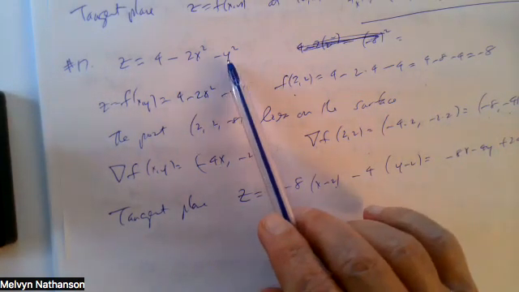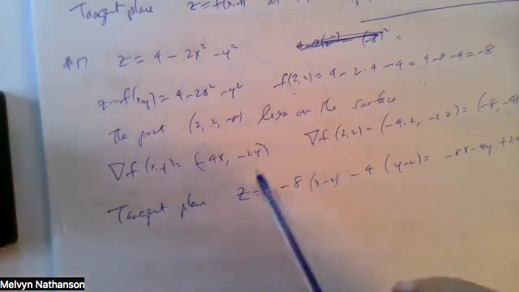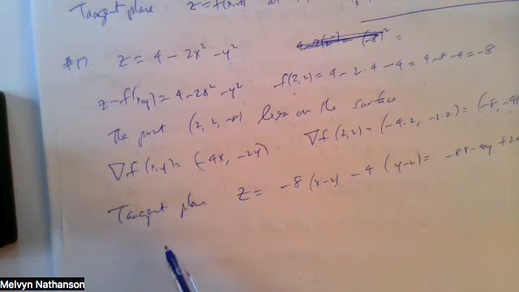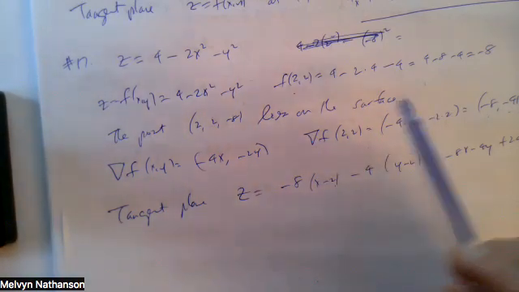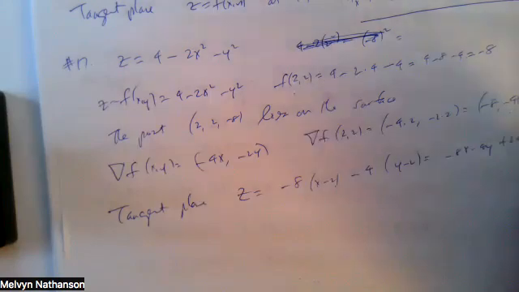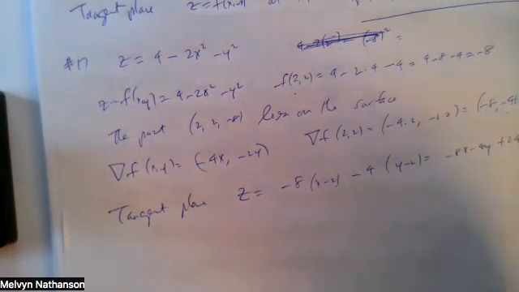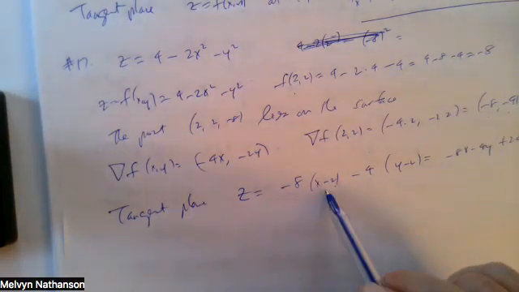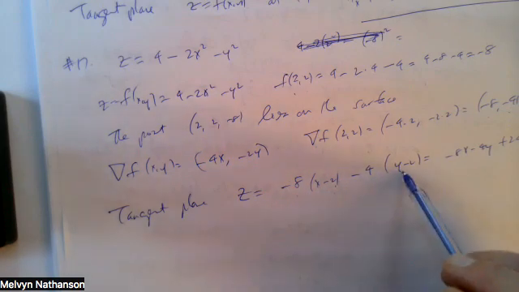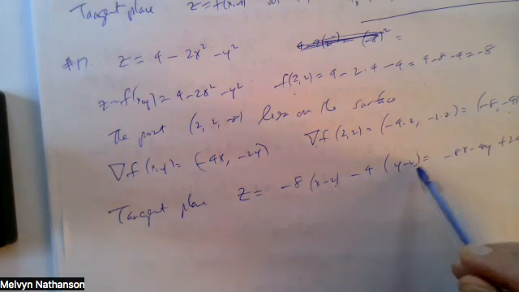The partial derivative of z with respect to y is minus 2y, which at y equals 2 is minus 4. Oh, I forgot, add f of (a, b). So it's minus 8 times x minus 2, minus 4 times y minus 2.